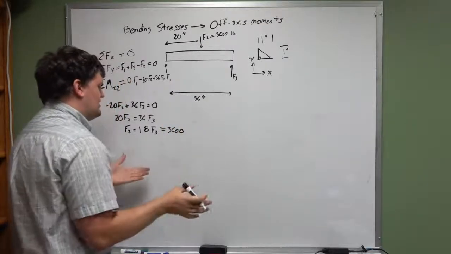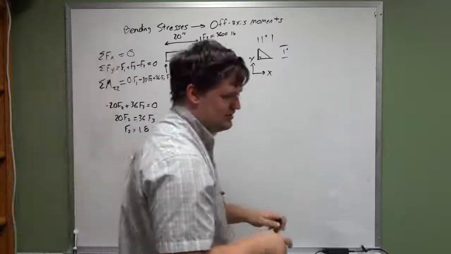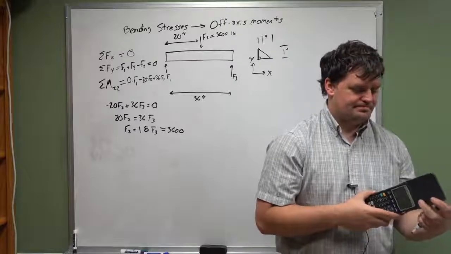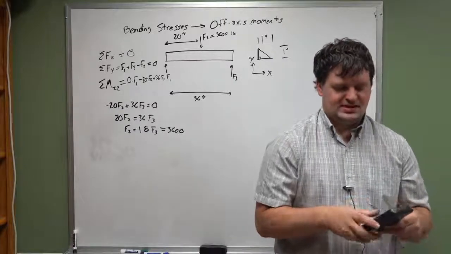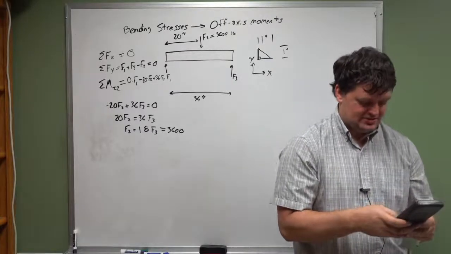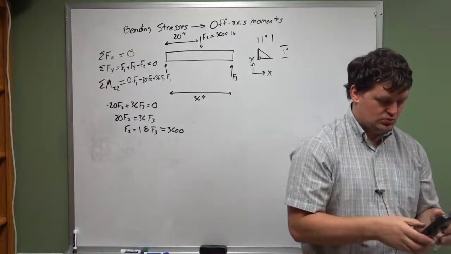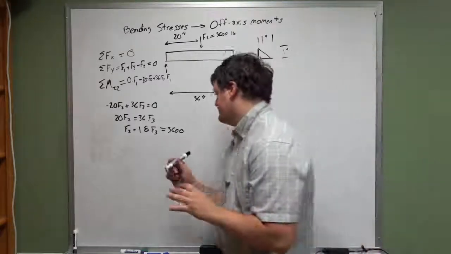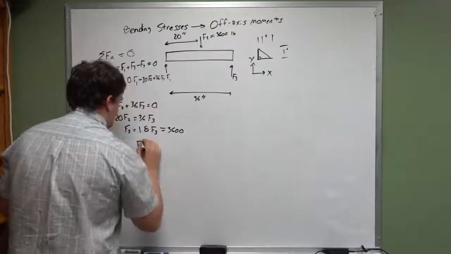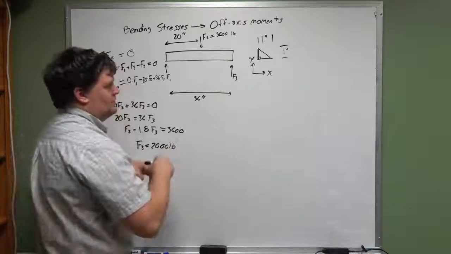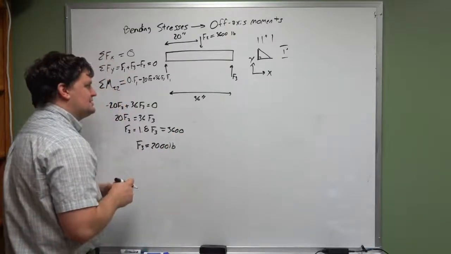So divide this by 1.8 and I believe you get 2,000 pounds. Which is the exact opposite of what I had in the last one. F3 is equal to 2,000 pounds. So a little bit backwards from what we had last time.